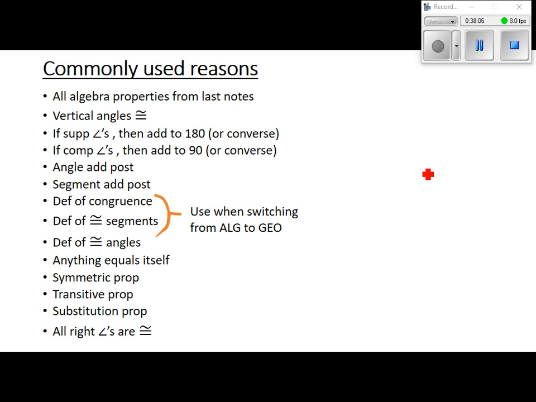So when you go to do these two-column proofs, and you're stuck on what a reason could be, what could you do? Turn back to your notes. Look back at your notes, look back at what this says.